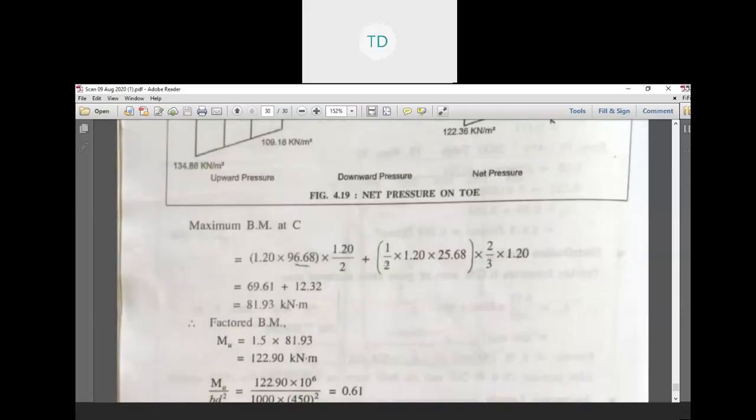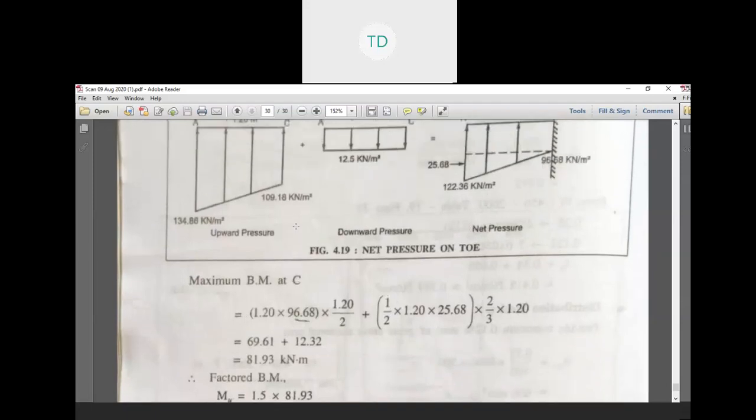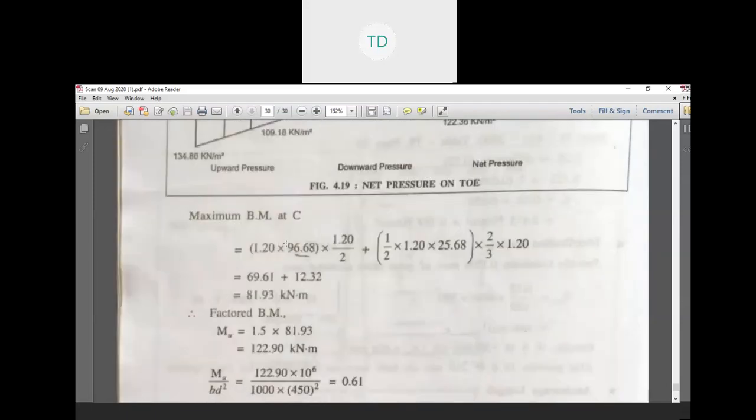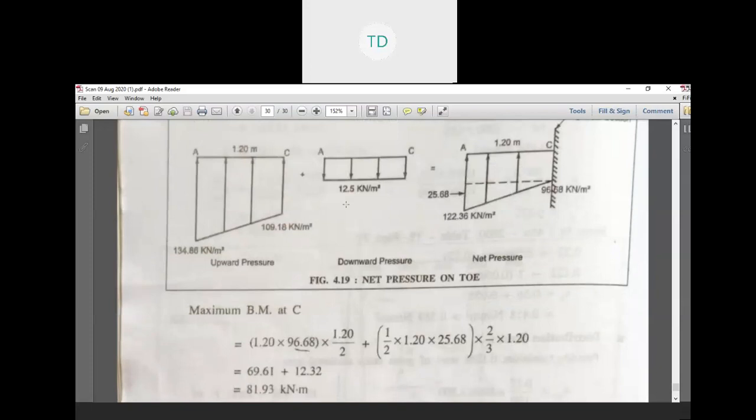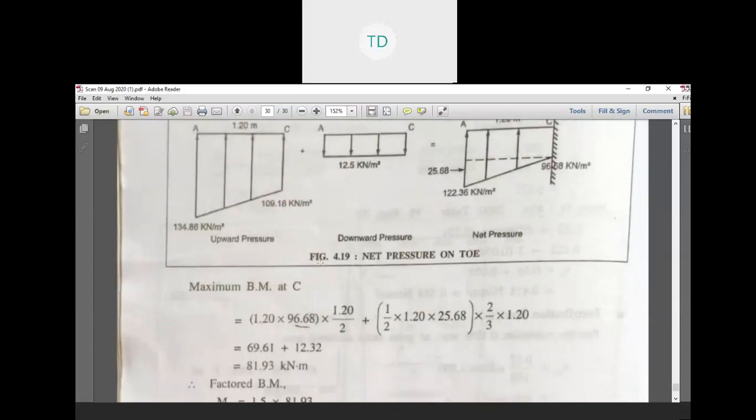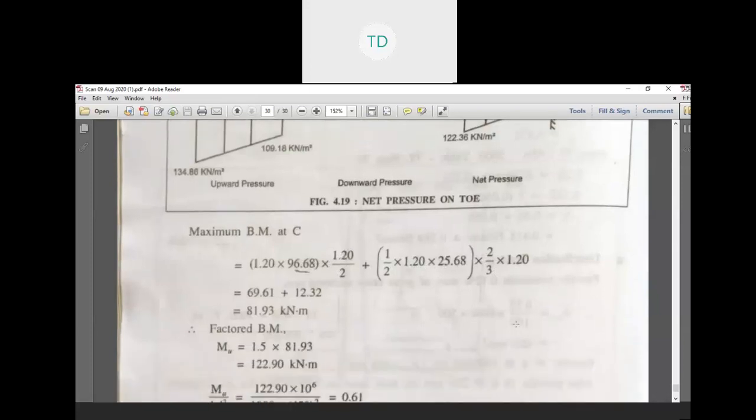Let us calculate maximum bending moment at point C. At this point, we get 1.20 into 96.68. This is the load calculated at point 6 into 1.2 divided by 2 plus 1 half into L into W into 2 by 3 of total width of heel.